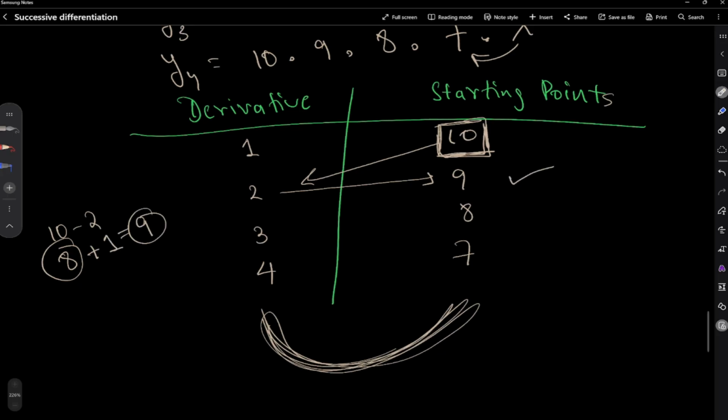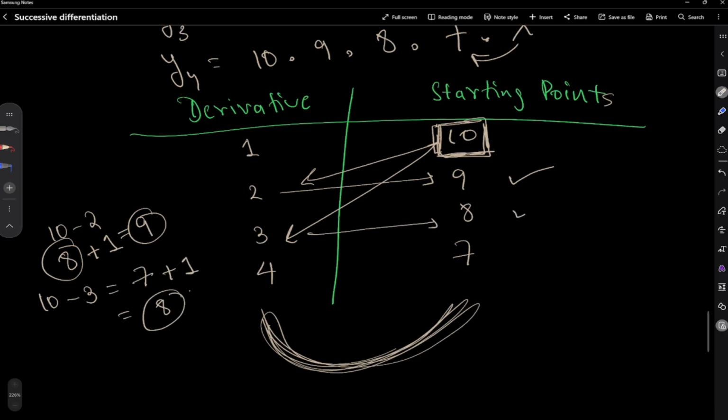And then we took the same 10, the initial starting point, and we subtracted 3. 10 minus 3 is 7. 7 is not equal to 8, so we added a 1 again, and we got the correct answer again, 8. We took the same 10, the same starting point, and we subtracted 4, the fourth derivative. 10 minus 4 is 6.